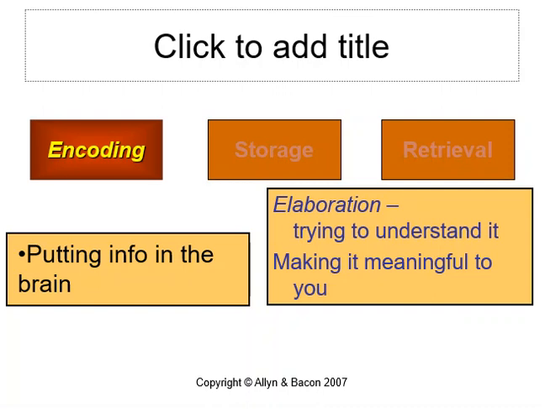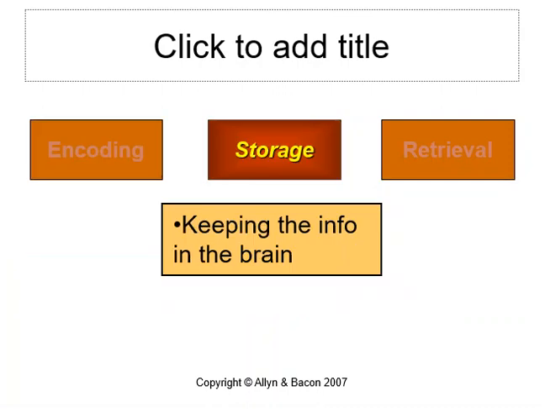Sometimes we call this semantic encoding, trying to understand the information and make it meaningful to you. Maybe you connect it to prior learning, or to something that you already understand. That will increase your chances of encoding information. So whether or not we take this in has to do with our intention of taking in information and selective attention.